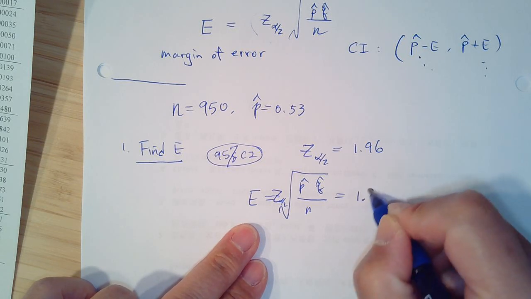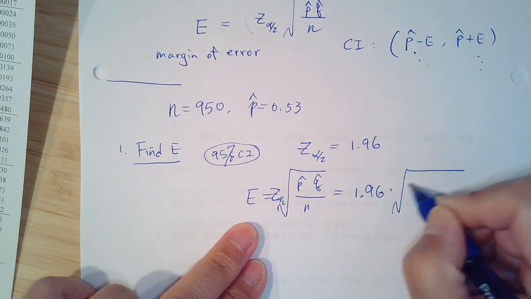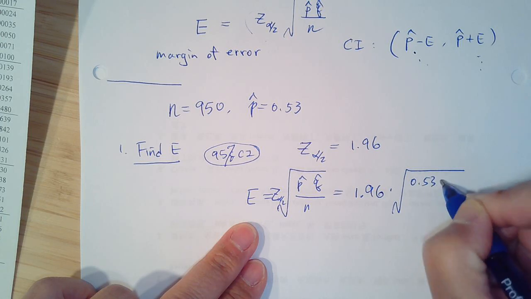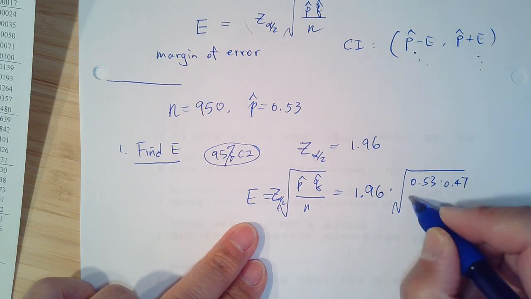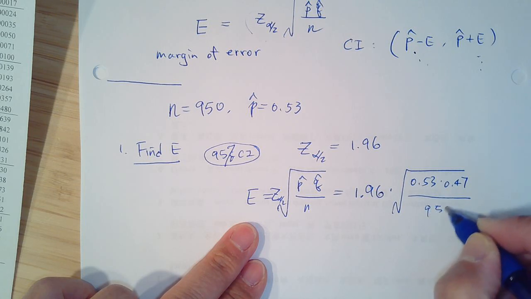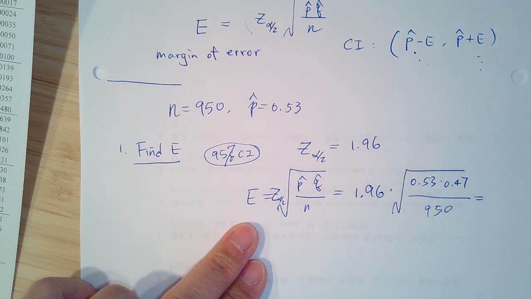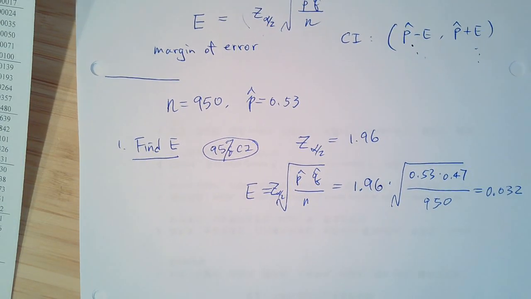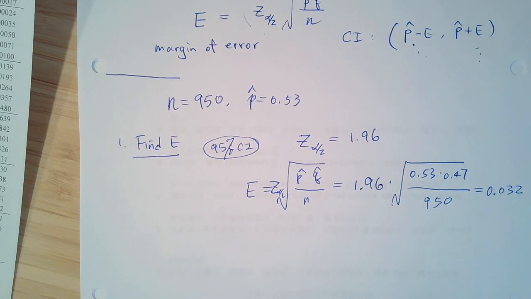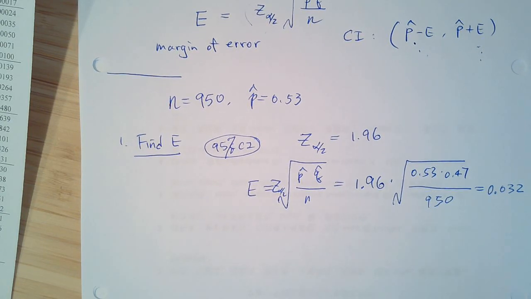It's going to be 1.96 times the square root of P hat 0.53, Q hat 0.47, that's just 1 minus P, divided by 950. So the margin of error E will be 0.032 or 3.2%. If you like to keep a little bit more decimal places, that is fine. So this is the E. If I ask you to find the margin of error E, that's that.